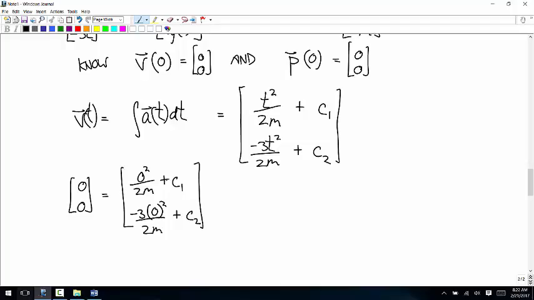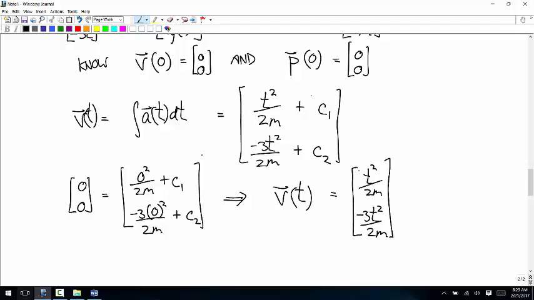That means c1 and c2 have to be 0. So the velocity vector as a function of time is ⟨t squared over 2m, negative 3t squared over 2m⟩. Any questions about that first step?